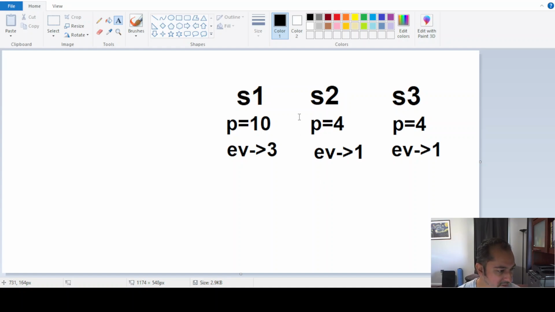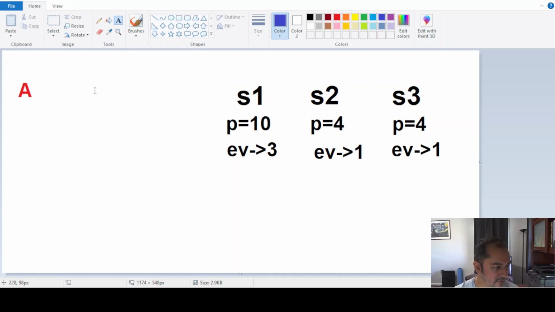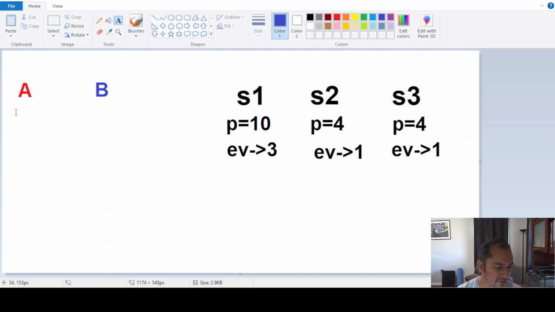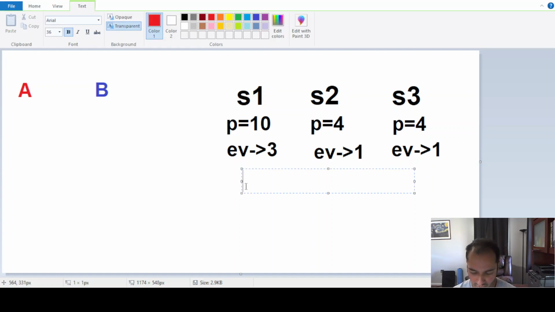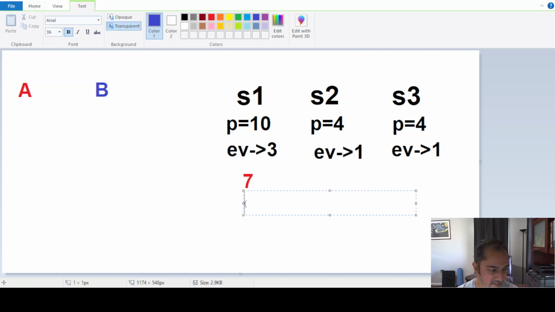Let us assume for state 1, there are 2 candidates. Let's put them in red, candidate A, and blue, candidate B. So after the elections, let's say the results for candidate A in state 1: we get 7 votes for the first candidate, and then the remaining 3 votes go to the next candidate.